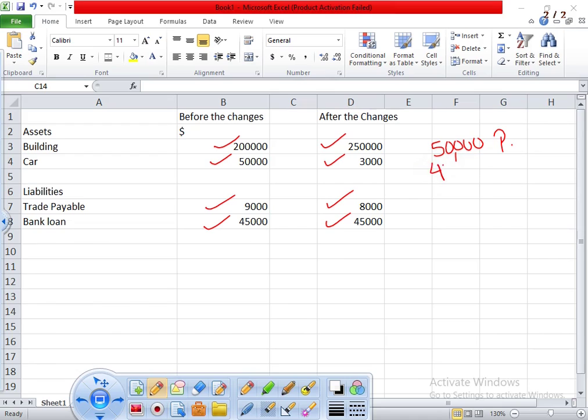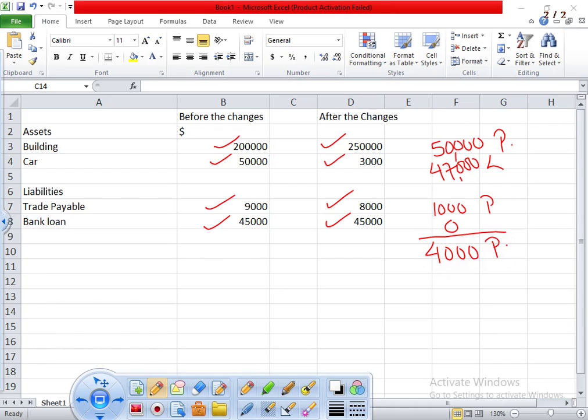Now, trade payable was 9,000. Now I have to pay only 8,000. So there is a profit of 1,000 for me. And for the bank loan, there is no change. So the total profit in this case is 51,000. Total loss is 47,000. So our profit is more than the loss. So my profit is 4,000 here. This is called profit on revaluation.